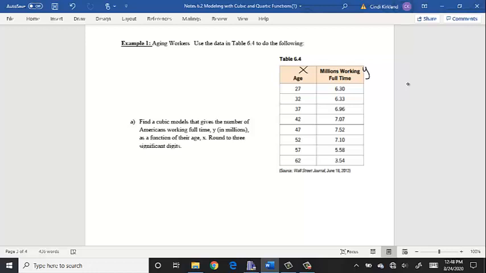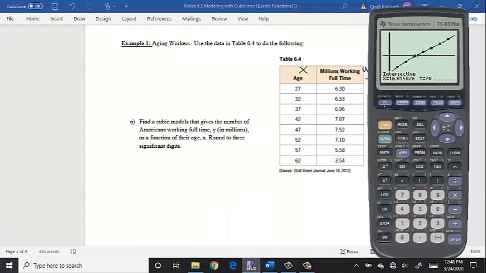So of course, the first thing we want to do is to enter our data into our calculator. So I've got to go and clear out all the stuff from the previous example. So let's clear it. All right, so in L1, we're going to enter our ages.